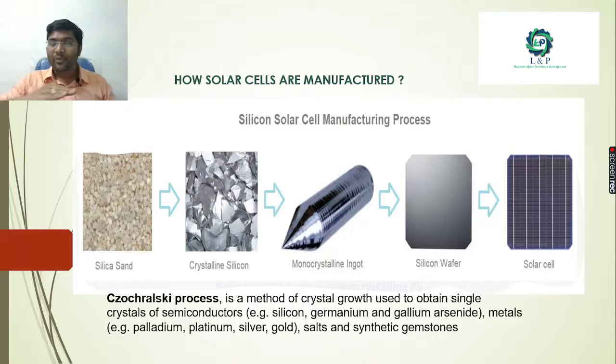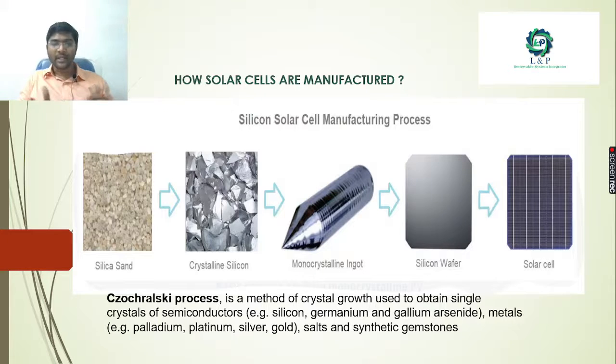While preparing the silicon wafers there might be a lot of wastage. From that wastage, which may come from different monocrystalline ingots, those wastes are collected together and melted, and formed into a polycrystalline ingot. From that, polycrystalline wafers are prepared, and the solar cells of the polycrystalline type are prepared.